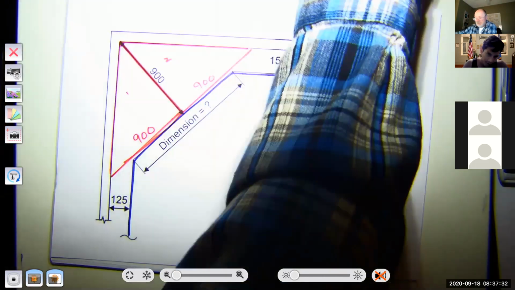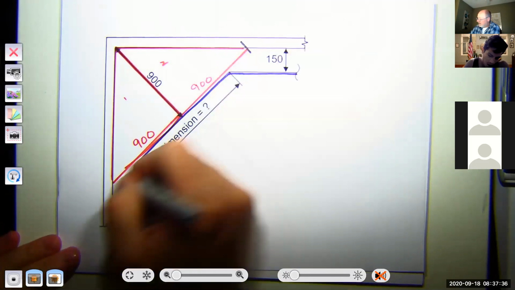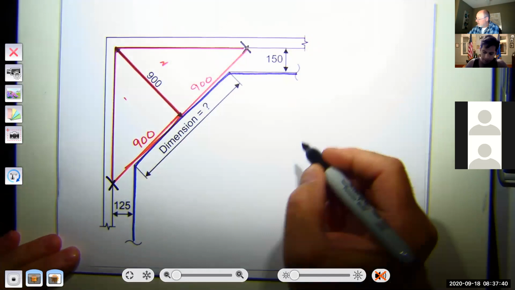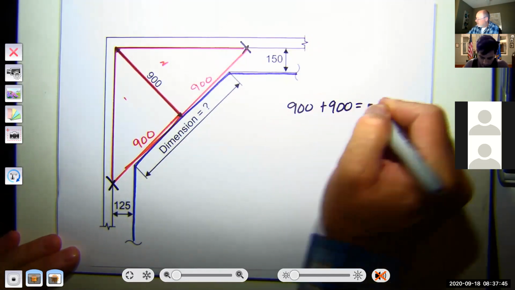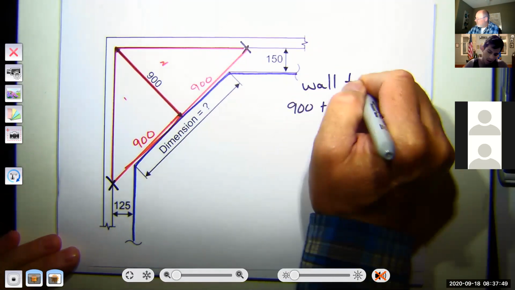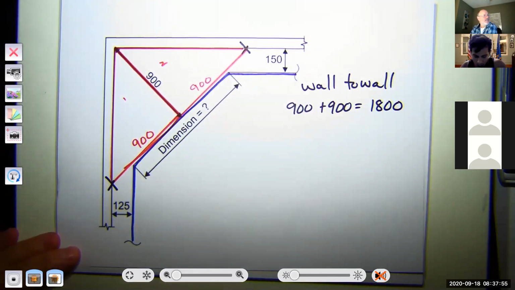So I can determine through those measurements that from this point to this point, my wall to wall measurement is 1800. Can everybody see that there? Are there any questions about that as we move forward?